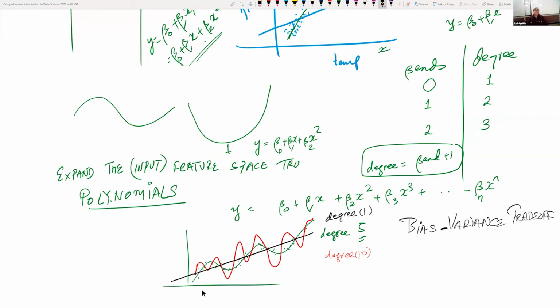Bias errors means that generally the average of your predictions will be off the average of the data. You'll have a lot of bias there in the data. Then generally it will tend to be off.